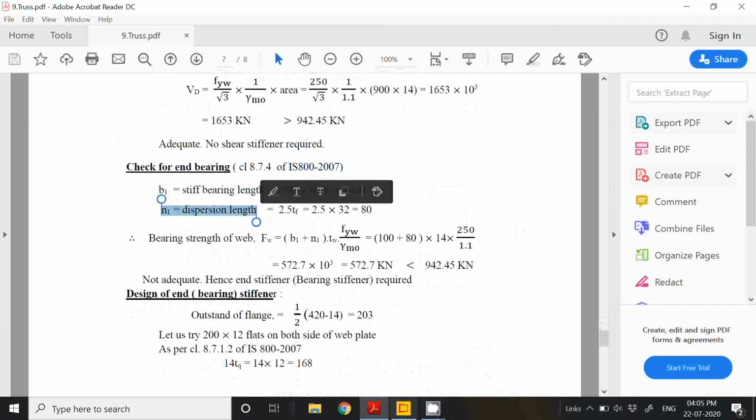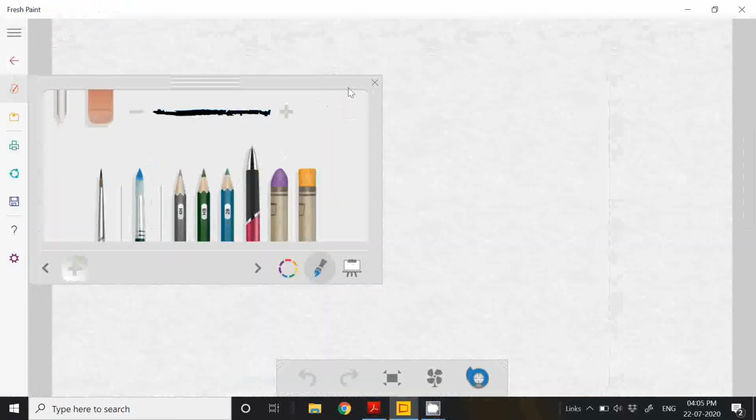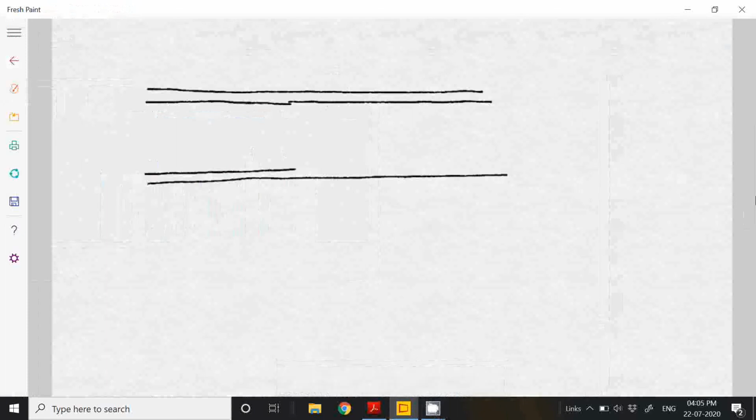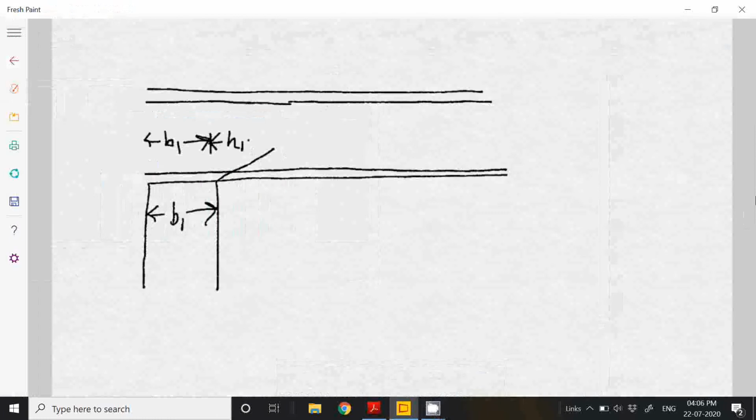If I try to draw it, if this is the I section along the length, and this is the support, and this is B1, then the dispersion length is B1 plus N1.